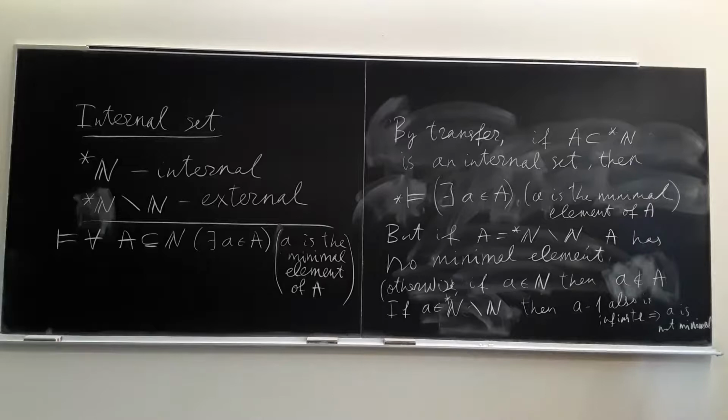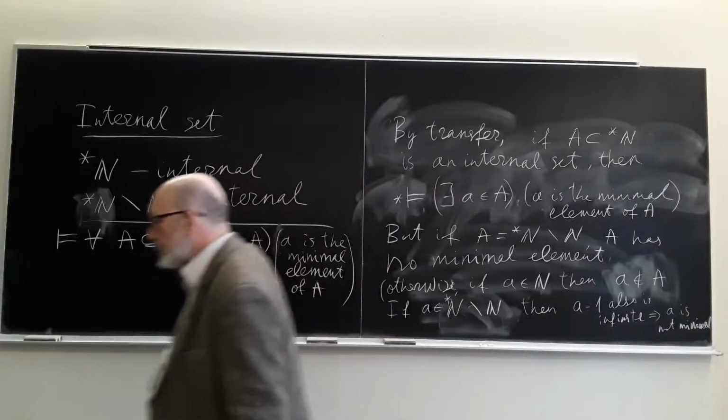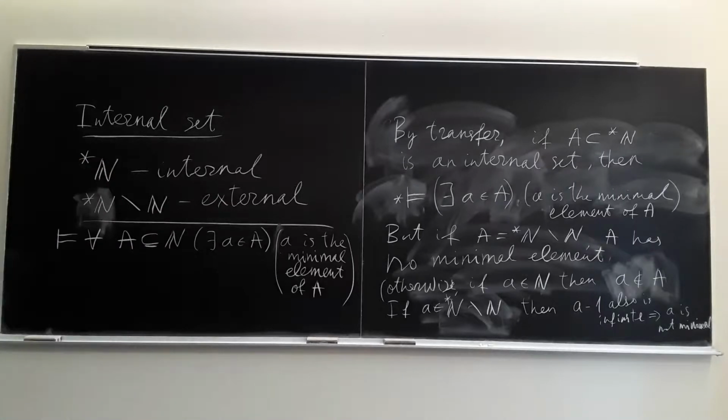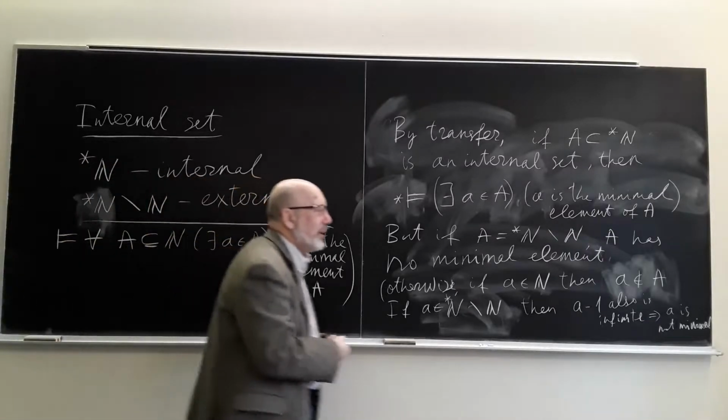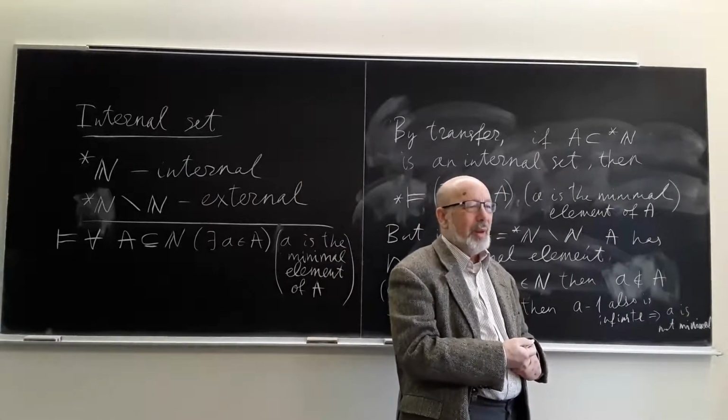No, similarly, the set of finite integers also is not internal, because if you consider the largest of them, it is bounded from above by some infinite number, and we know that any bounded set of integers has a maximal element.